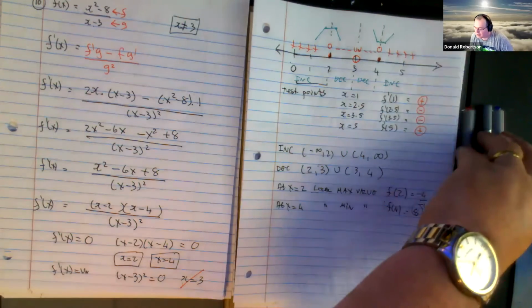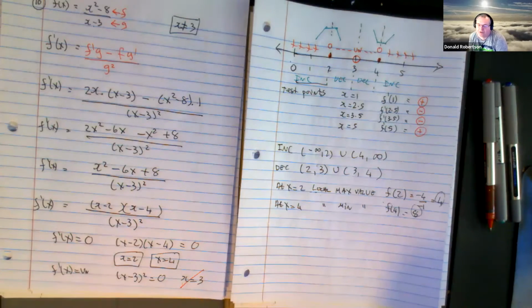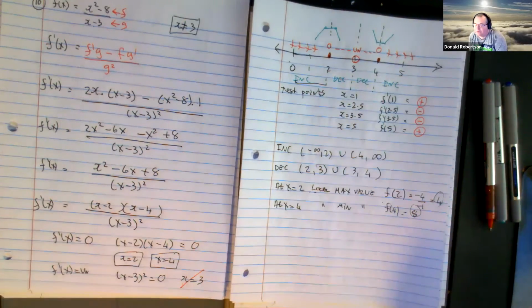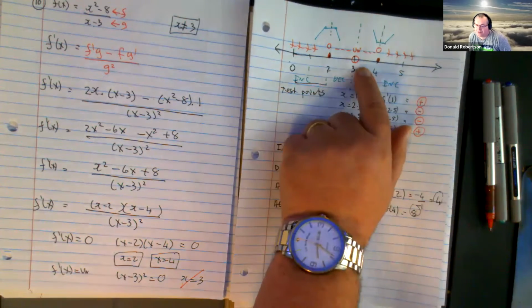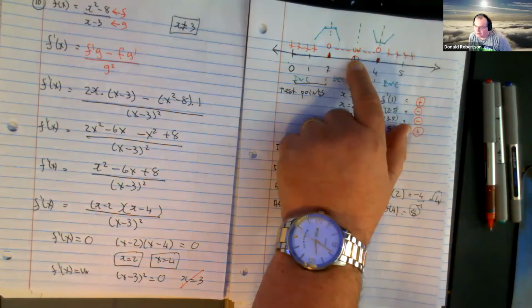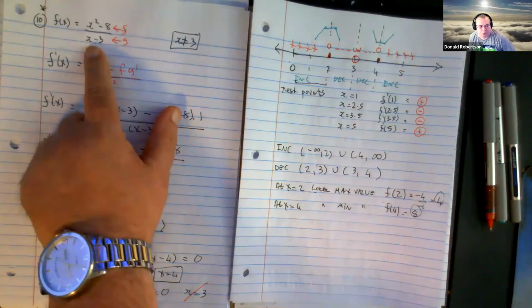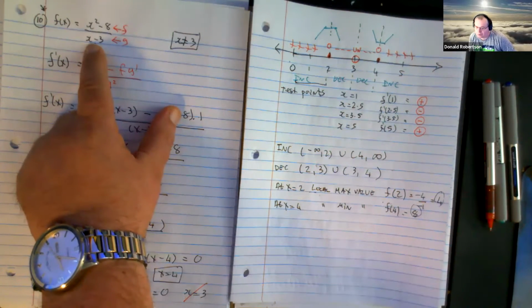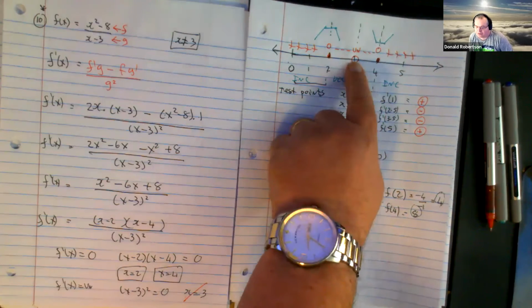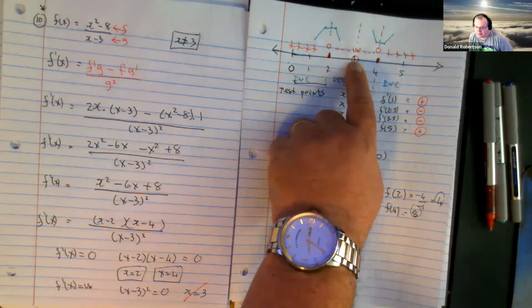Yeah, it's a vertical asymptote. You're right, it's something quite interesting, but not a max or a min, right? In fact, here's the thing. If this guy is undefined, and it's caused by a vertical asymptote, which you can tell from your 141 world, that does not count as a local max and min.